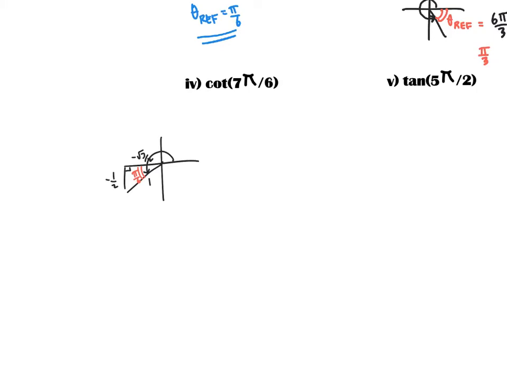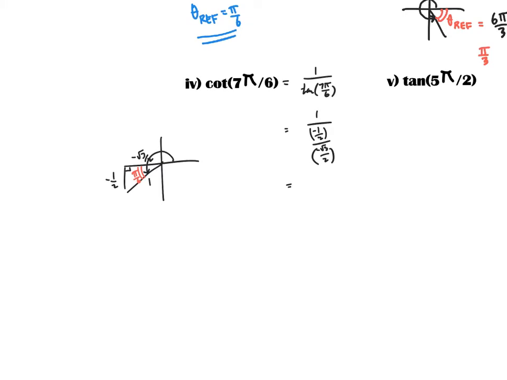The cotangent of 7 pi over 6 is equal to the reciprocal of the tangent of 7 pi over 6. The tangent in this case is a -1/2 over a -√3/2. Got a lot going on there.